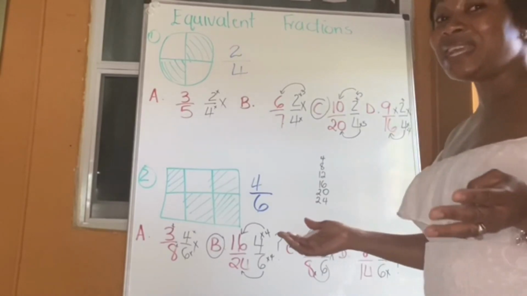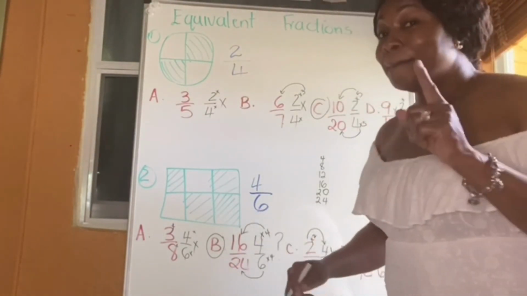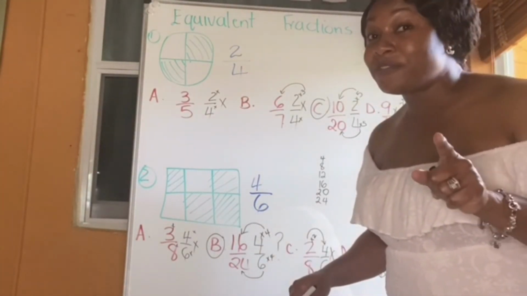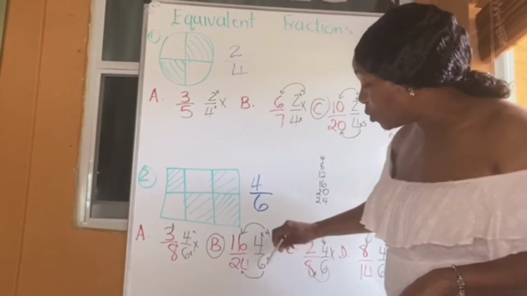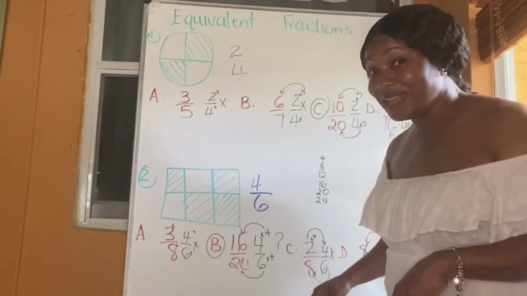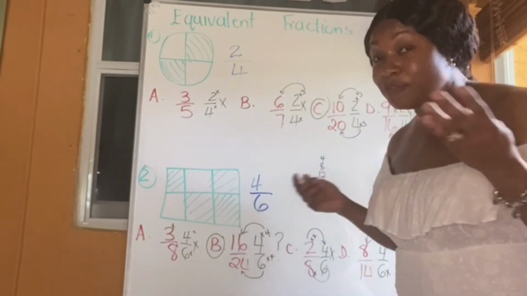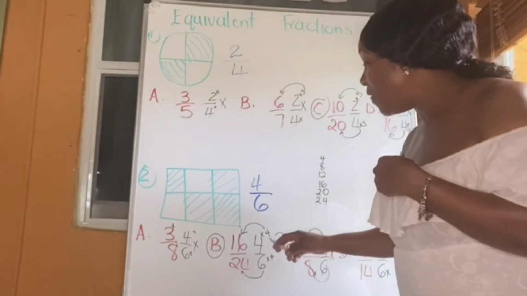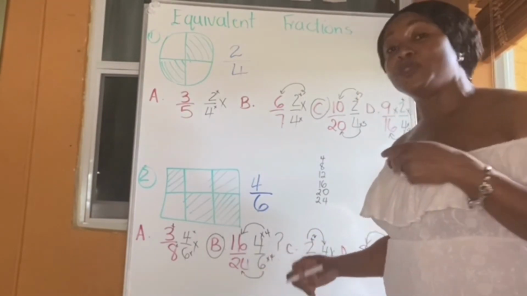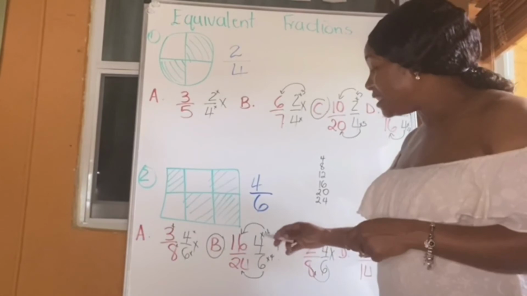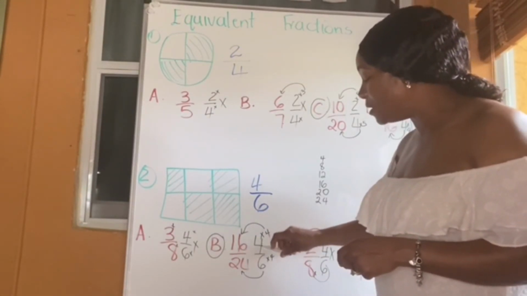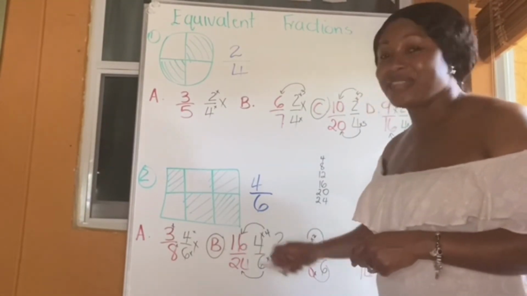And we could still do the butterfly method, but I don't like to do the butterfly when the numbers get so big, because now we'd have to multiply 6 times 16. I might know that that is 96, but you might not know. And then we'd have to multiply 4 times 24. So when the numbers get this big, it's easy to say, is there anything I can multiply by this number to get the bigger number?